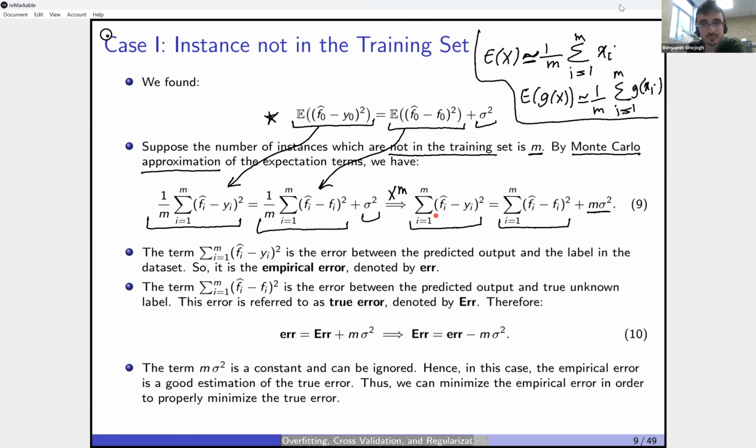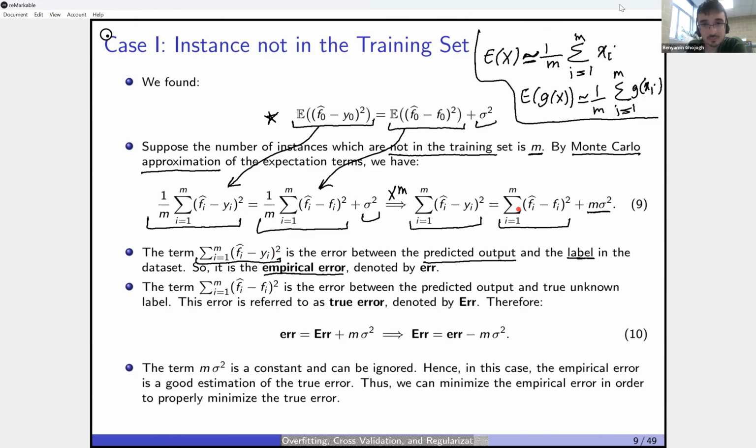This term, which I have repeated here, what is it? It's the error between the predicted output, fi hat, and the label in the dataset, yi. What does it mean? It's actually an empirical error. Why? Because we are taking the error between predicted outputs and the labels of the dataset.